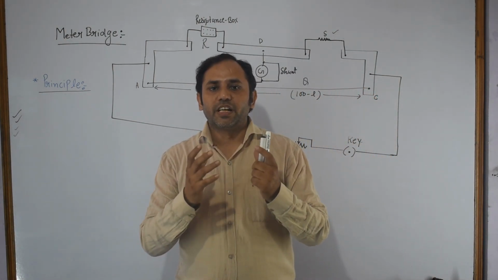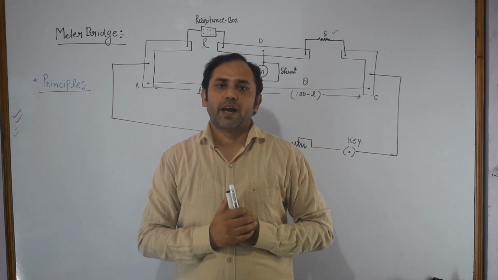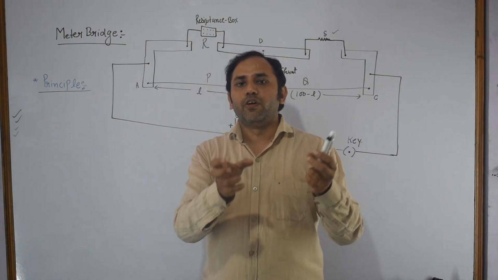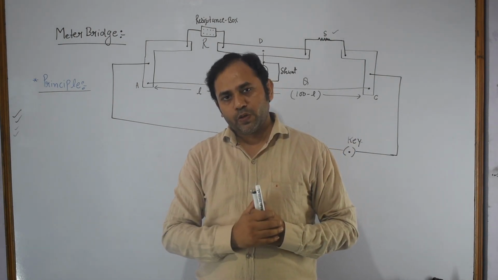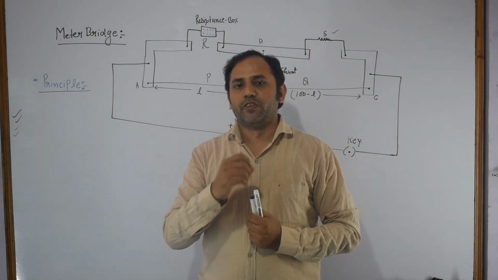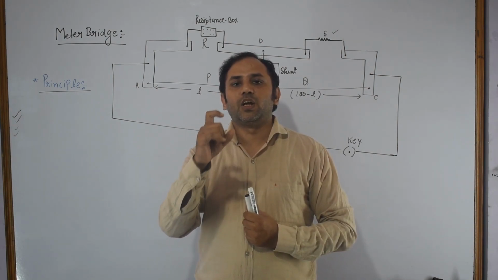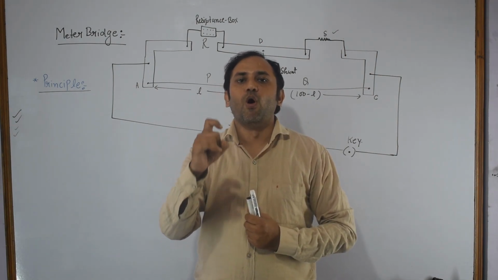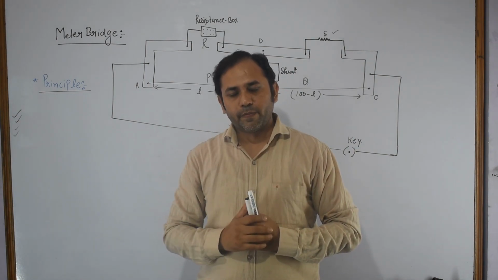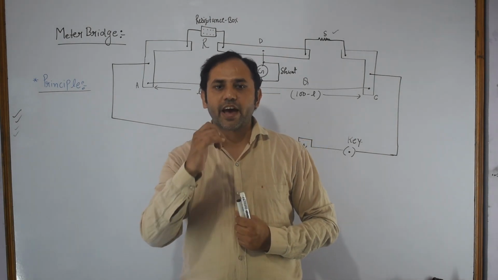Basically, the meter bridge is a very sensitive device, and its principle is based on the principle of Wheatstone bridge, which we have already learned. It is more sensitive than the post office box, which is used for measuring the unknown resistance of the given wire.